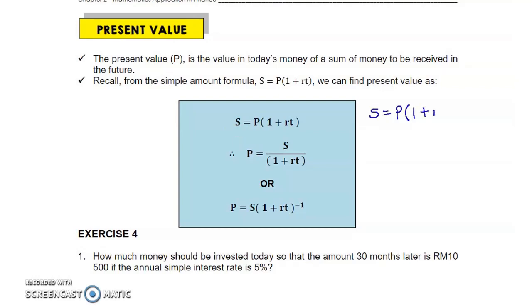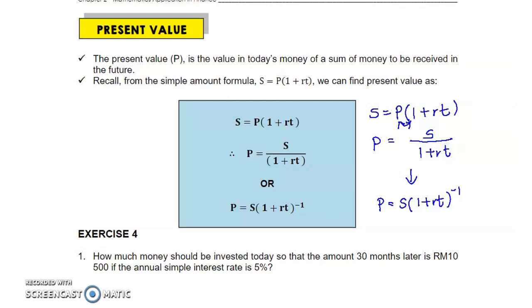So you just manipulate this formula. So make P as the subject. Okay. So P equal to S divided by 1 plus RT. Multiply P multiply by 1 plus RT, you bring to the other side, become divide. So this one also can be written as P equal to S multiplied by (1 plus RT) power of negative 1.